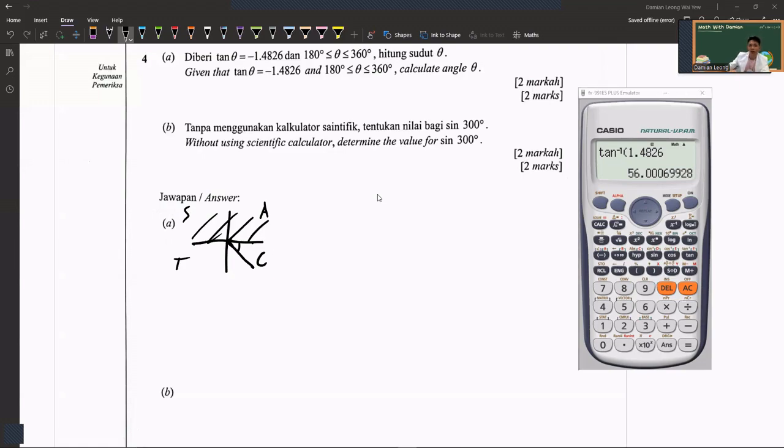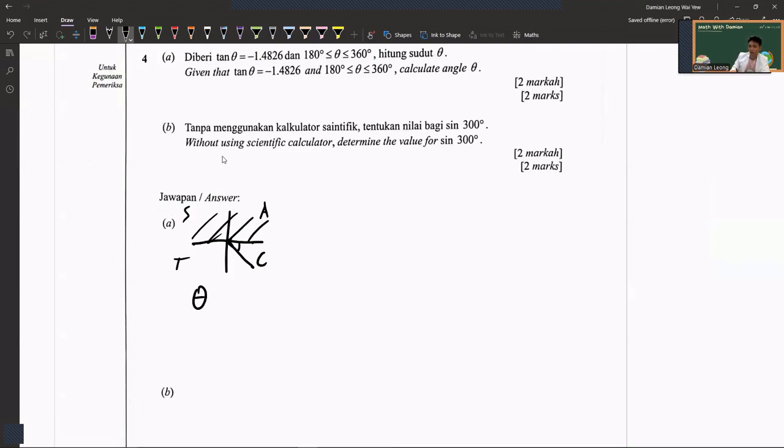That's the reference angle. Means tangent theta equals negative of tangent 56 degrees because of negative. So here is 56.